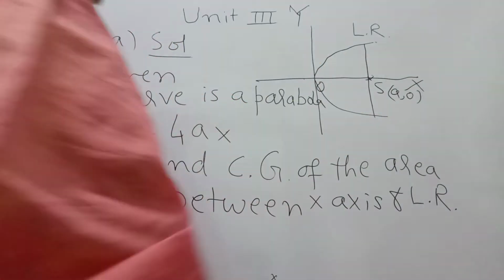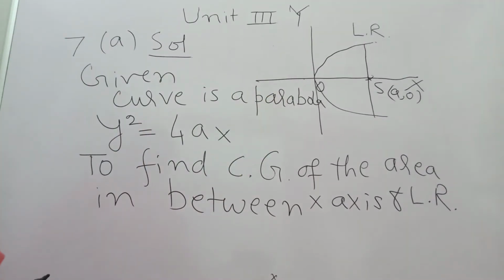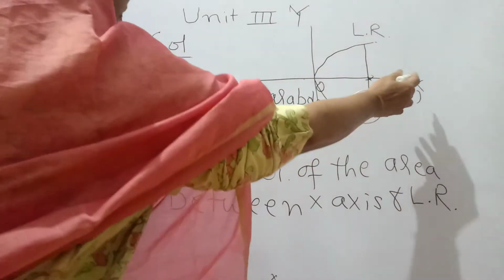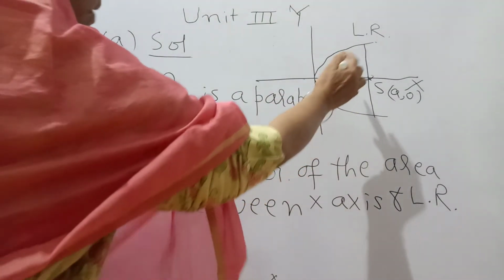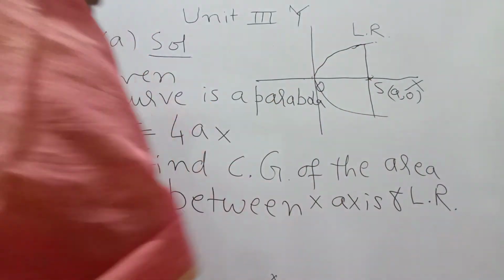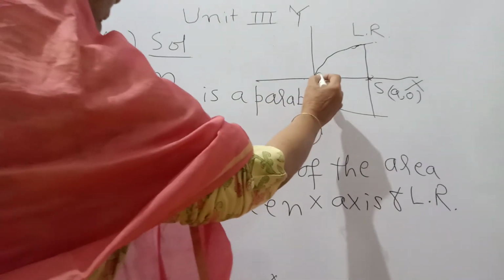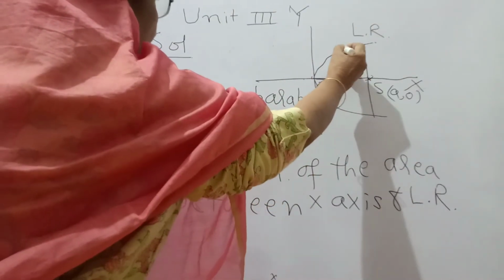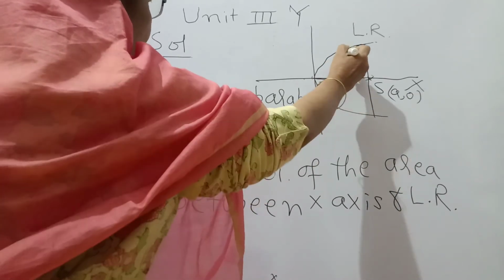So if y square is equal to 4ax, figure will look like this and the focus will be given by a, 0, okay, and this is x-axis. So the area which is bound in between this is this area, okay. So we have to find its center of gravity.